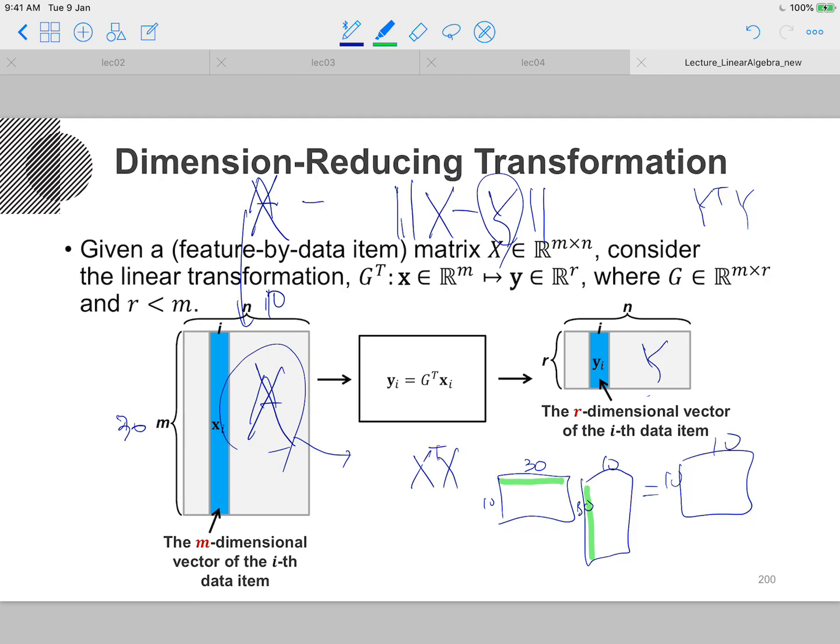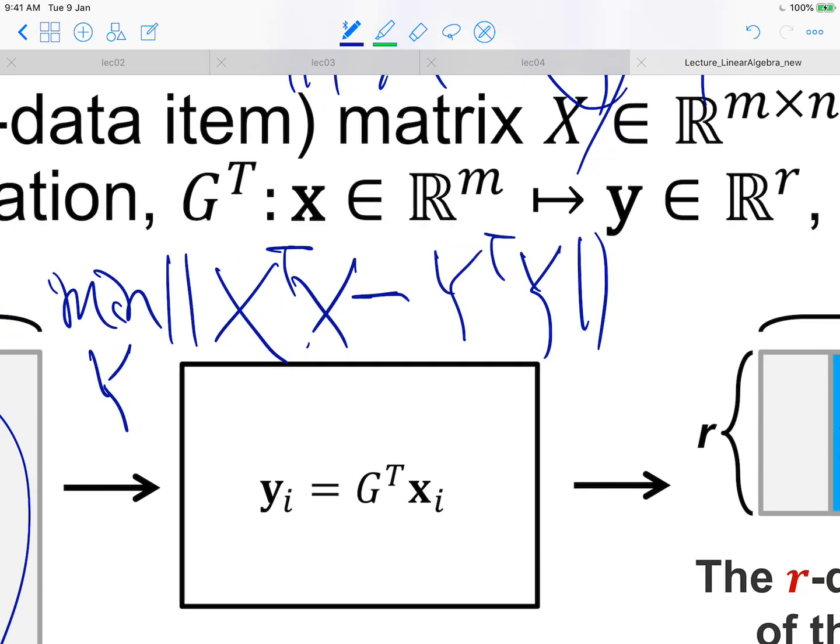So in this case, X transpose X minus Y transpose Y, and we want to minimize this. Okay, so we want to solve this kind of problem, and in that case, it can be a valid objective function for a dimension reduction task, because we reduce the dimensionality of Y. Okay, the dimension is R in the case of Y, right?